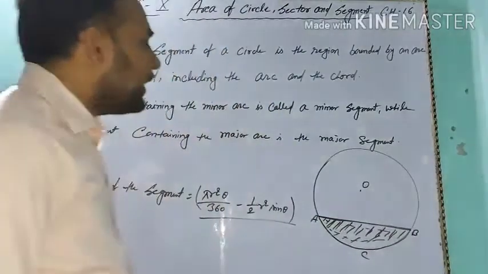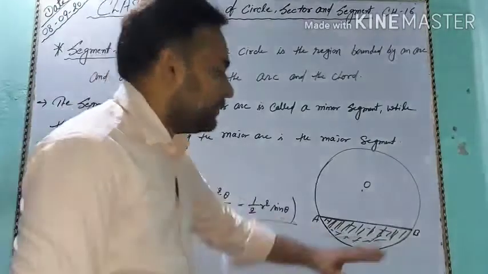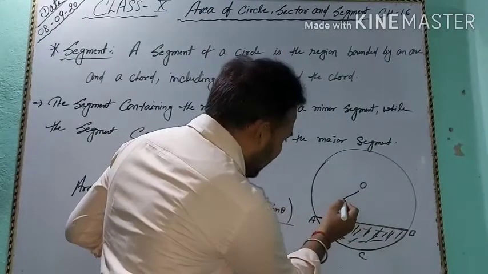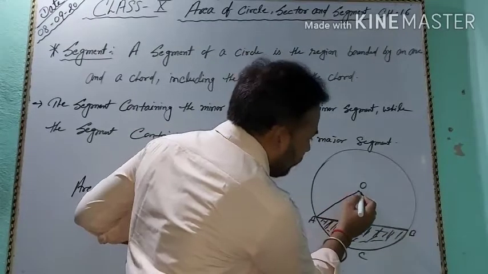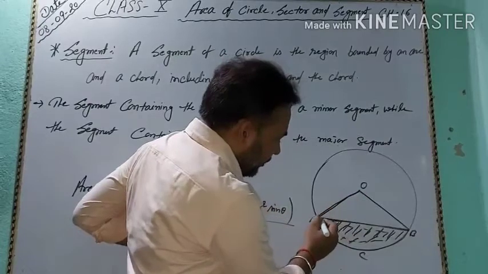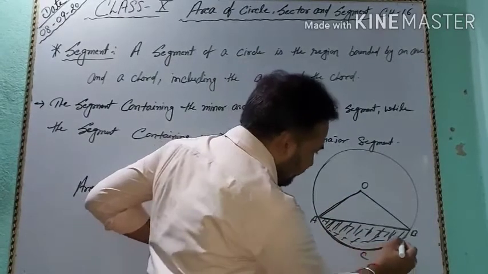So find the area of the segment. For the area of the segment, join OA and OB. This is the sector of the circle.